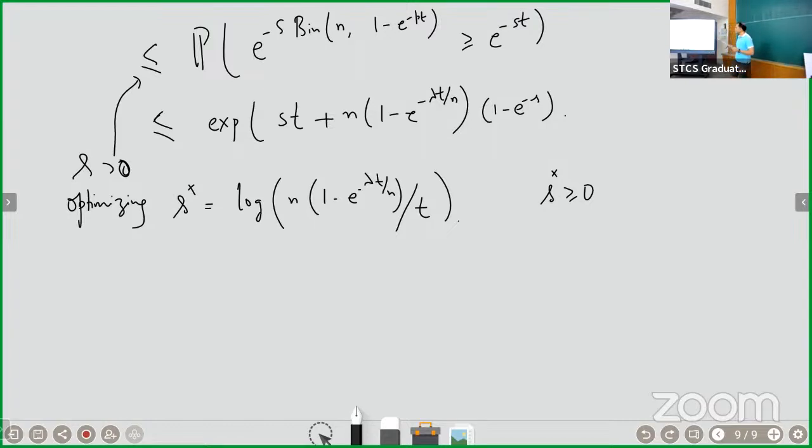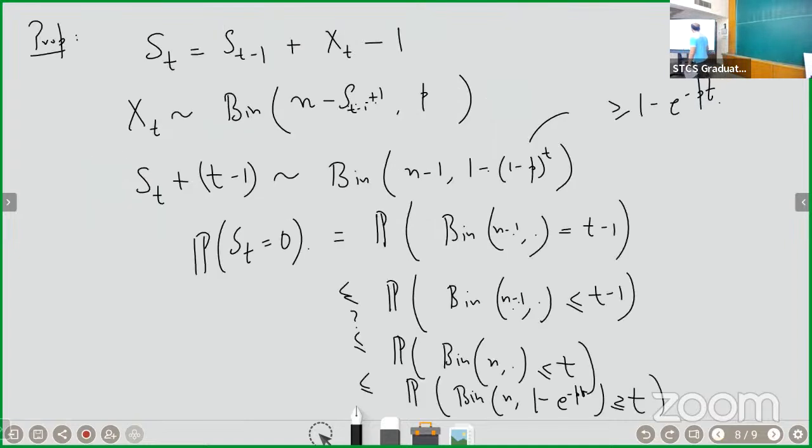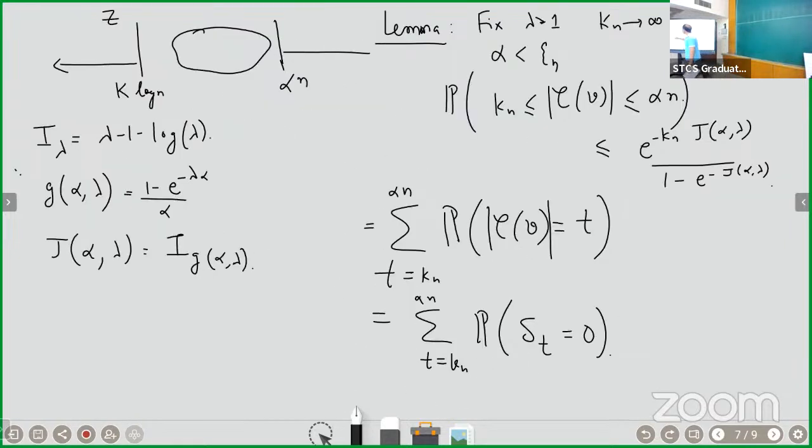The argument is that the bracket should be greater than 1. It's slightly more involved than that. This function is kind of special. That's why we gave it a name. You know what is the unique solution of this equation, equal to 1, in alpha? Yes, the unique solution is alpha equal to xi of lambda.